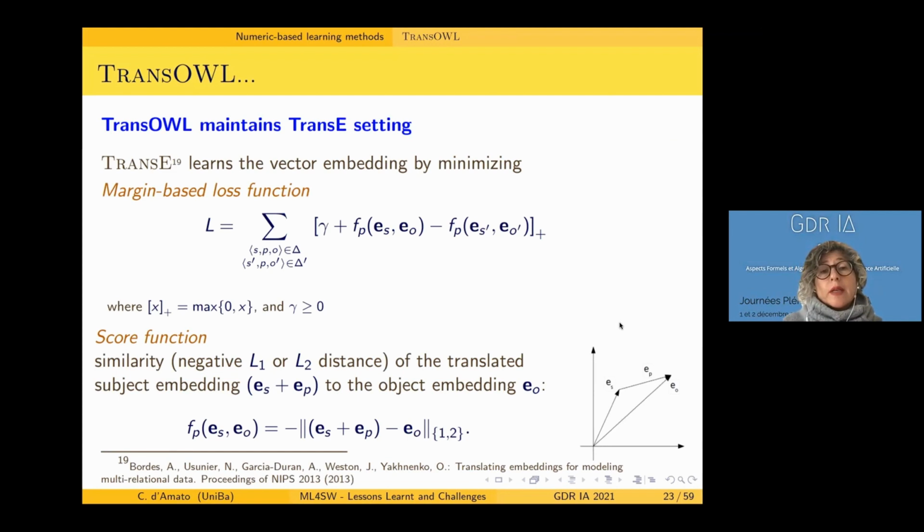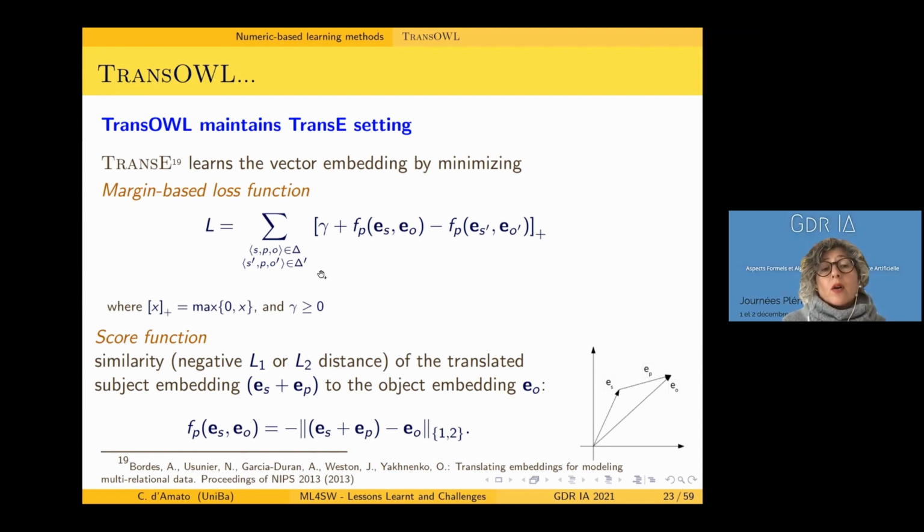Indeed, it maintains the very same setting adopted by TransE, which learns the vector embeddings by minimizing a margin-based loss function, which, as I said before, is ultimately grounded on the scores assigned to positive and negative triples, where the negative triples are those represented by this delta prime set of triples.